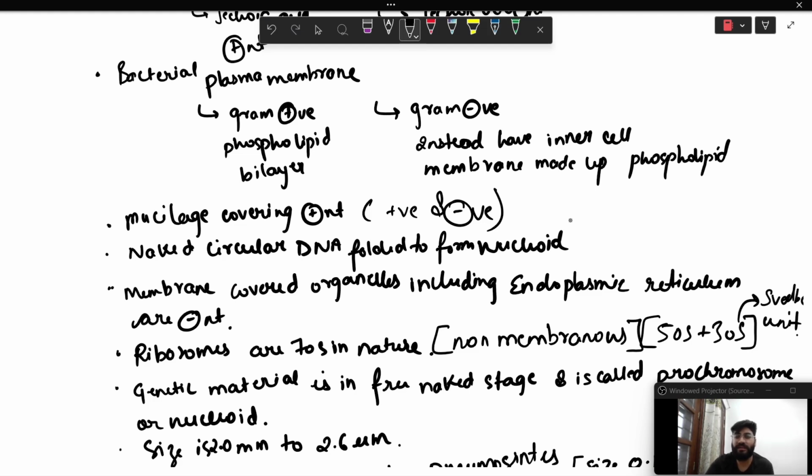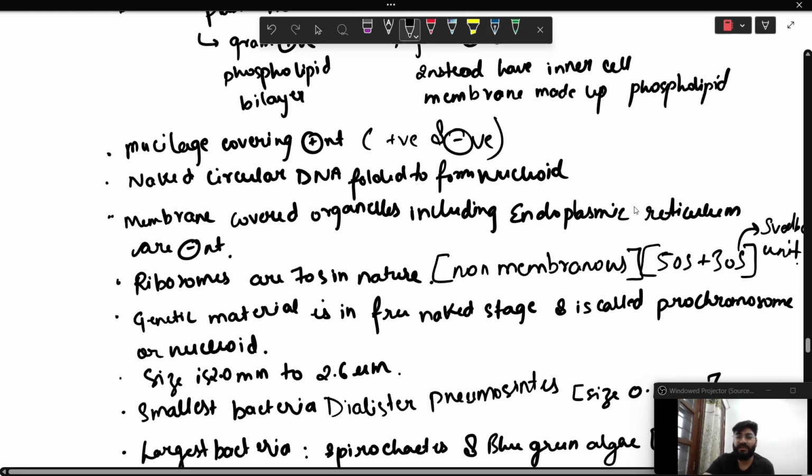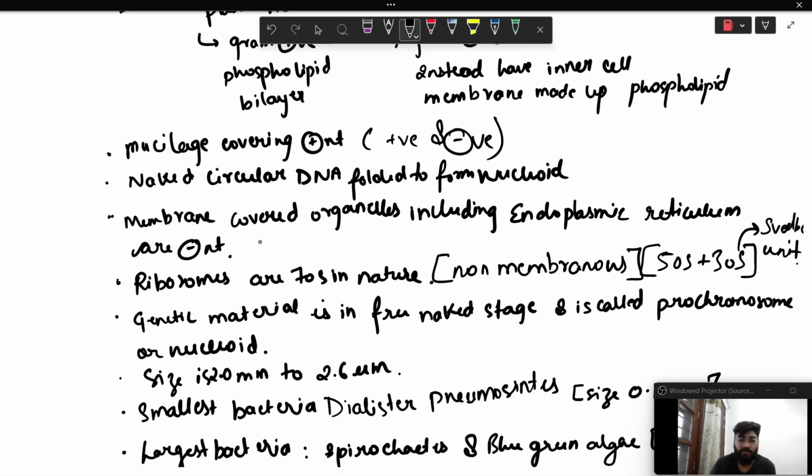Membrane-covered organelles such as endoplasmic reticulum are absent. That's why they are called prokaryotes, because they do not have membrane-bound organelles. Ribosomes are 70S in nature. Ribosomes are non-membranous cell organelles, which means they do not have a membrane outside.